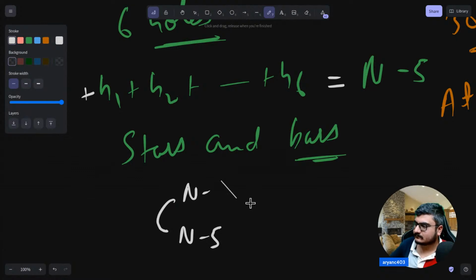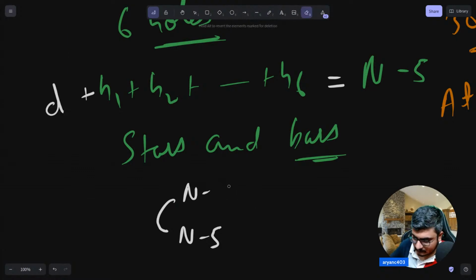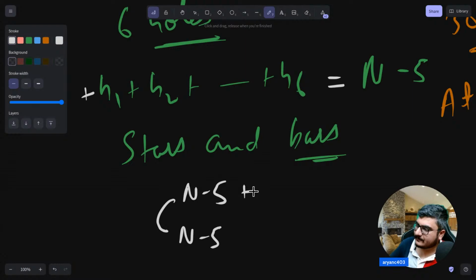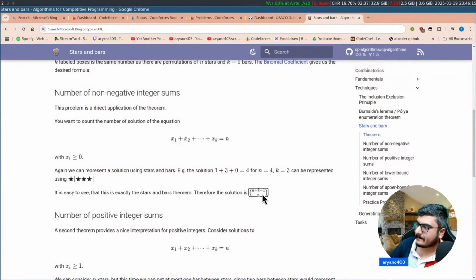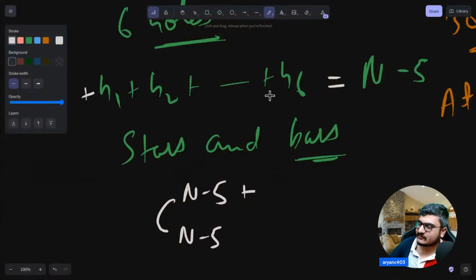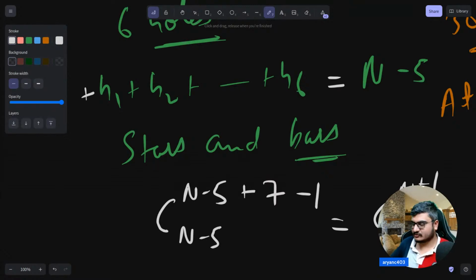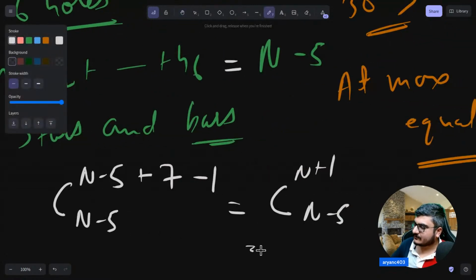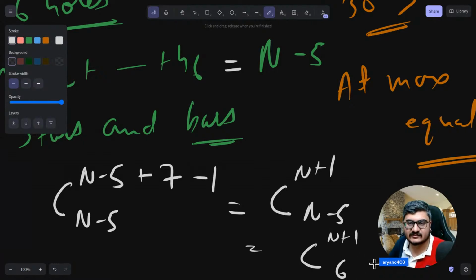Sum you need plus the number of variables you have: you have 7 variables, 6 for the holes and 1 for the extra delta, and minus 1 here. So this essentially ends up being C of n plus 1, n minus 5. And you can notice this is also equal to C of n plus 1, 6. So you need this n plus 1 C 6 here.